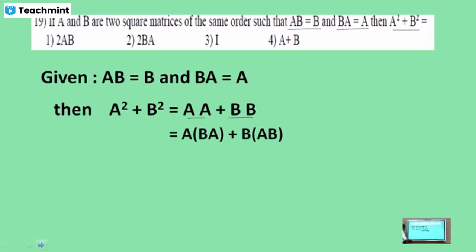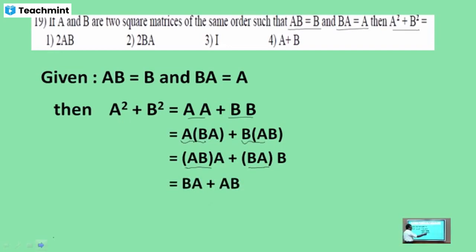And in the next step, what will we do? We will regroup. If I regroup, this A and B come together, and here B and A come together. So I will get AB into A, BA into B. What is AB? As you know, AB is equal to B. So I can replace AB by B and BA by A. So I will get AB and BA as their sum.